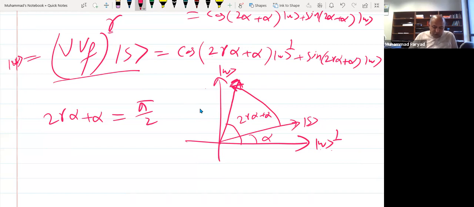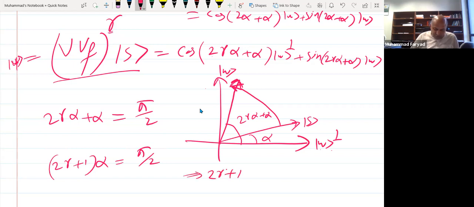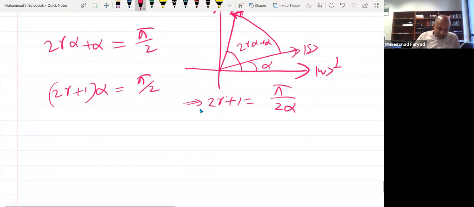So let's compute R in this lucky case. That would become (2R plus 1) alpha equals pi by 2. Let's take this alpha to the other side. So we get 2R plus 1 equals pi over 2 alpha, and then 2R equals pi over 2 alpha minus 1.